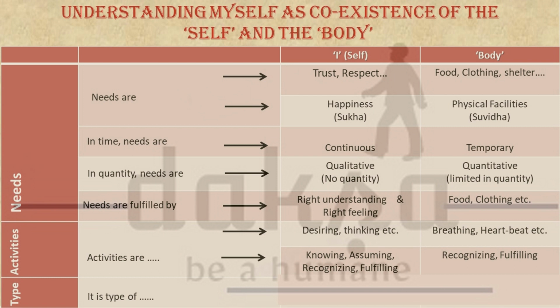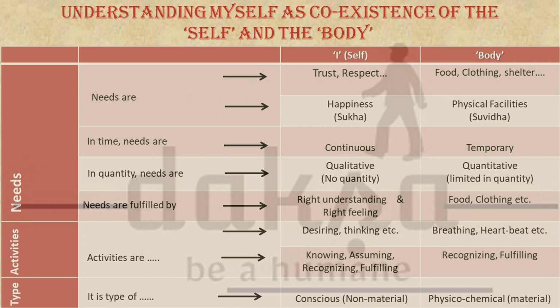It is a type of understanding, right: the self, I, as the conscious entity, that is, non-material, and the body as a material entity, mentioned in the last part of the table, as you can see on the screen as well. Ask yourself a question now. Who is talking, seeing, thinking, recognizing, assuming, and so on?